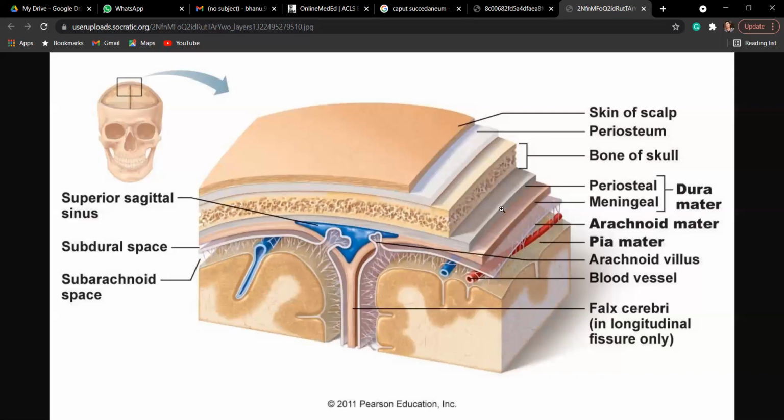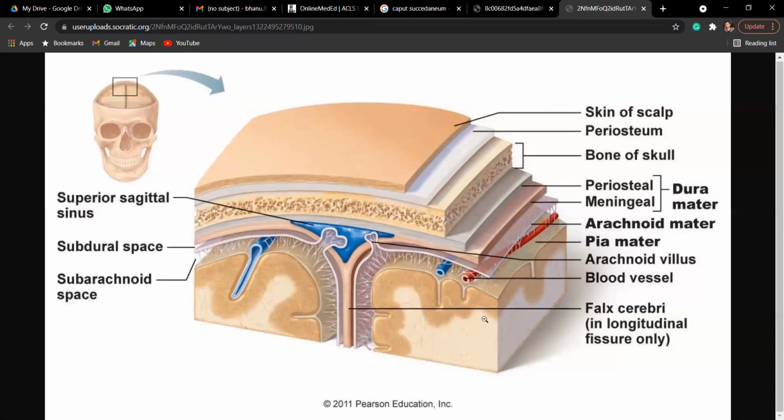After that, you have the epidural hemorrhage, the subdural hemorrhage, the subarachnoid hemorrhage, and finally the intraparenchymal. The epidural hemorrhage is present between the bone and my dura mater.